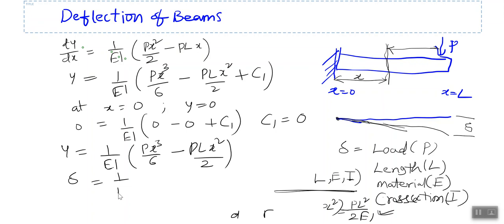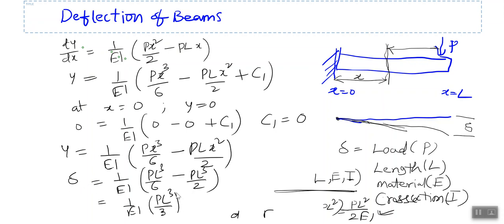So 1/EI, we are putting x equal to L, so it is PL³/6 minus PL³/2. This is nothing but 1/EI times minus PL³/3, that is PL³/3EI in magnitude.